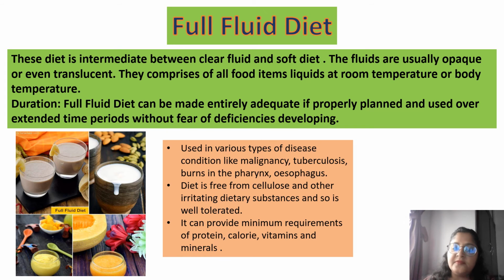In various types of diseases where the person can't take a normal diet but you need the nutrition as well, you can give full fluid diet, like burns in the pharynx, tuberculosis patients, who always need a supply of energy rich food, malignancy, esophagus problems. So this is very important. This full fluid diet is free from cellulose, and it is non irritating, non distending, and it provides the minimum requirement of protein, calorie, vitamins and minerals.